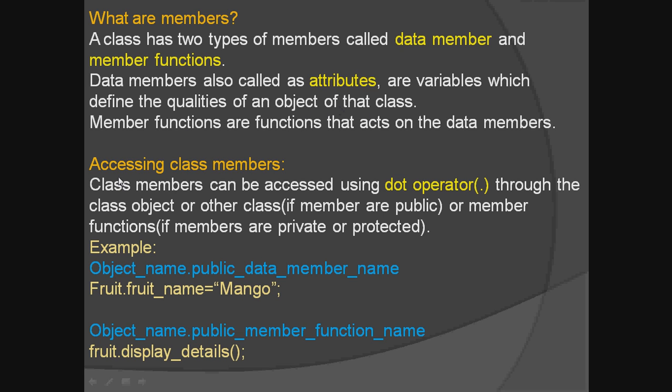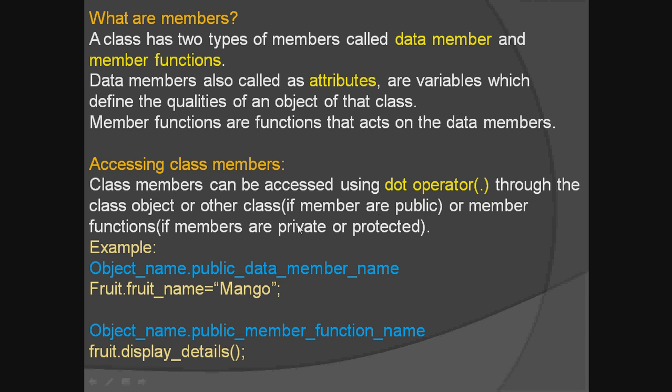Now, accessing the class members. How do we access the class members? Class members can be accessed using the dot operator through the class object or other classes if the members are made public, or through the member functions if the members are made private or protected. Only if the data members are public can the class object or other classes or objects access the data members.